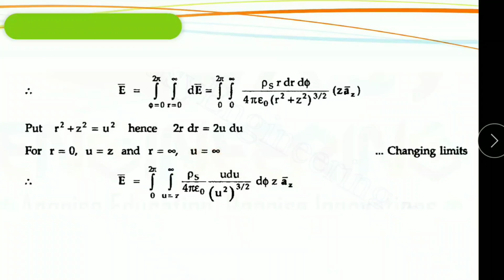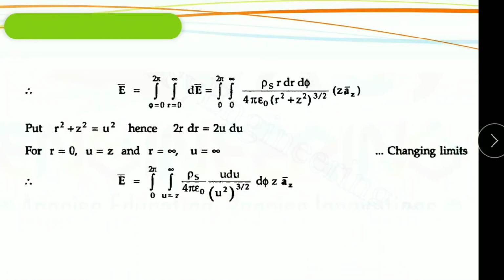Now integrating with respect to u from z to infinity. Rho s by 4 pi epsilon naught is a constant, just write it as it is. Now here r dr is replaced by u du, so substitute u du here, and d phi is written as the same, dz az is also written as the same.